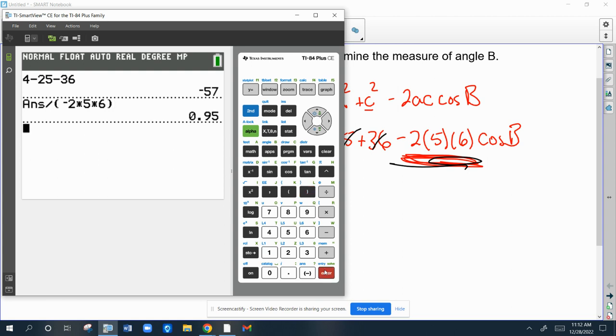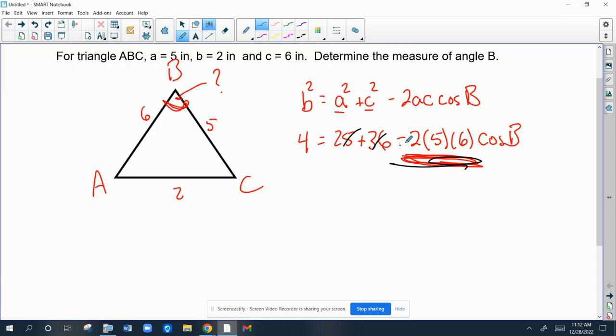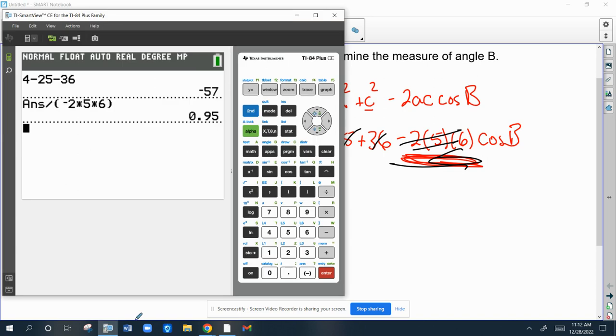And I get 0.95. So all I have is cosine of B equals 0.95. So since we're solving for B and I have cosine B, you just have to hit inverse cosine to solve. This gets really easy with practice, and it's 18.19 degrees.